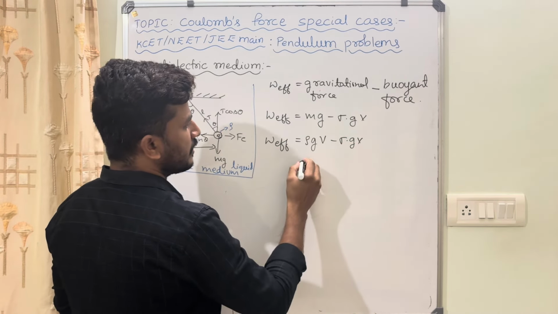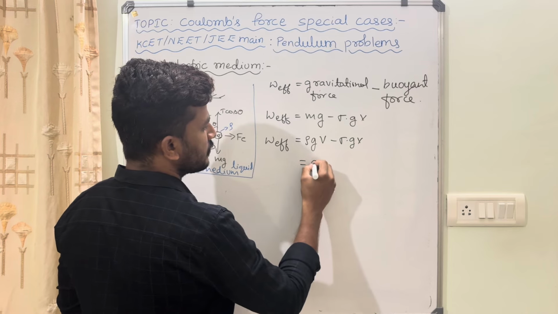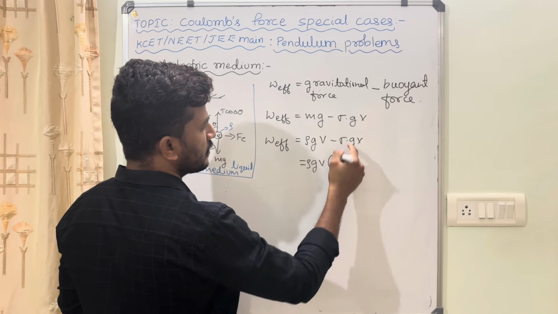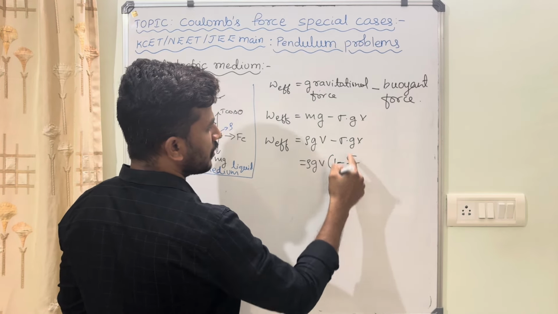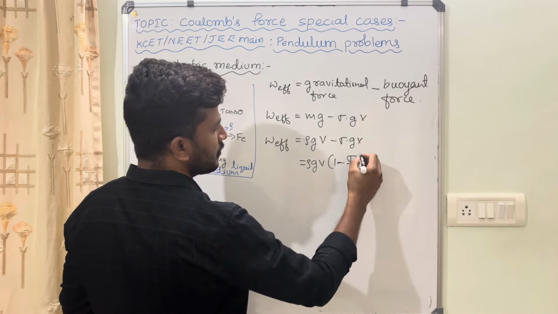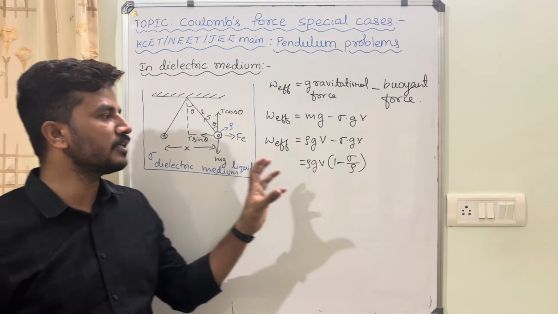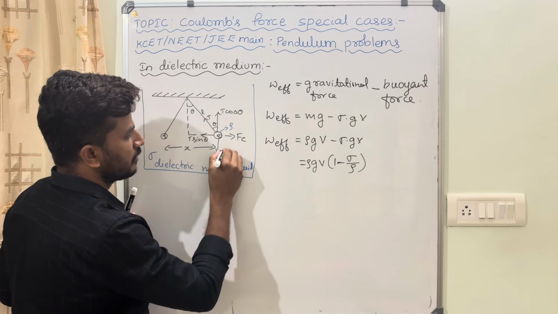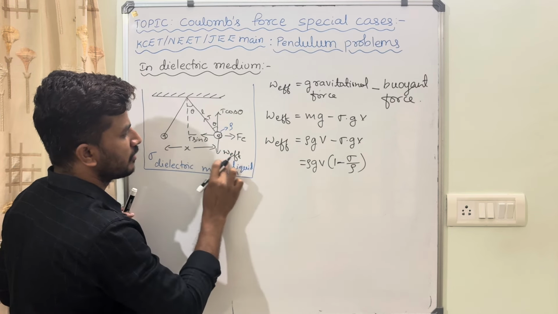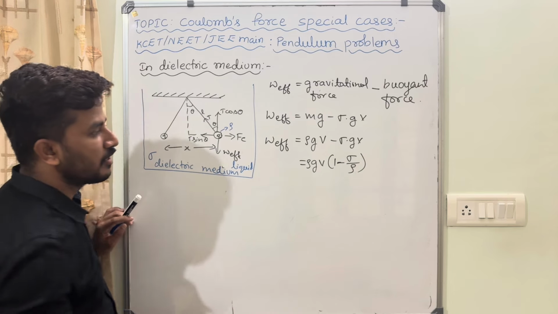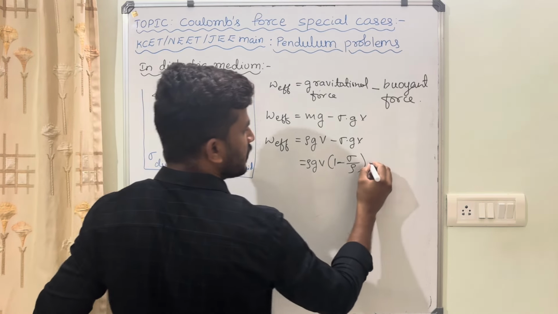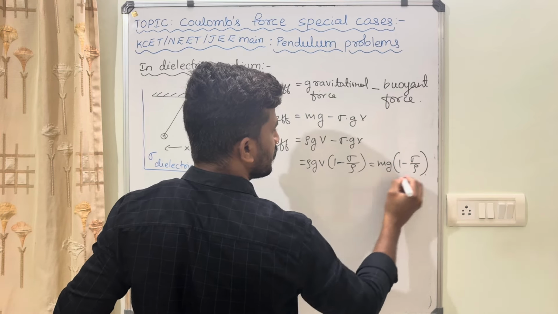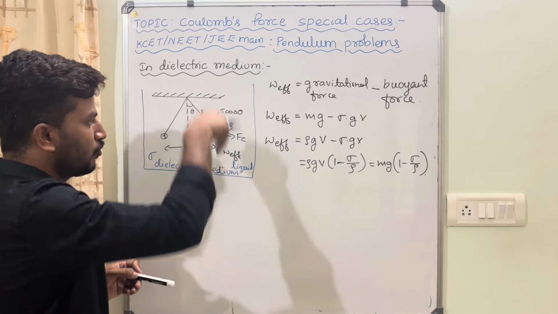Taking gV common, we get rho gV into 1 minus sigma by rho. So this will be the effective weight acting on this bob downwards. Instead of mg you have to take W effective. This rho gV is nothing but mg, so W effective is mg into 1 minus sigma by rho. This is about the downward force.